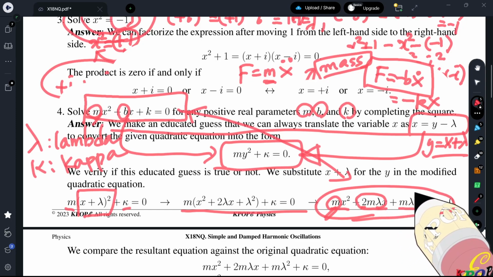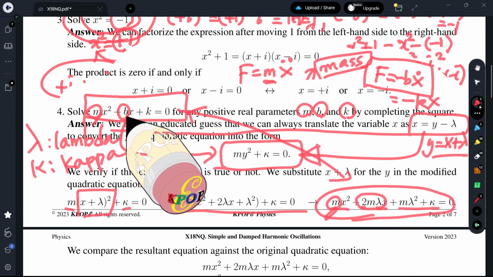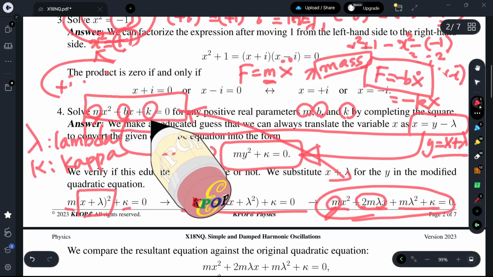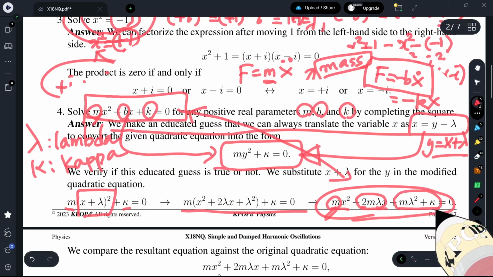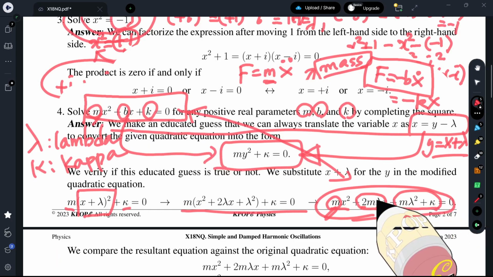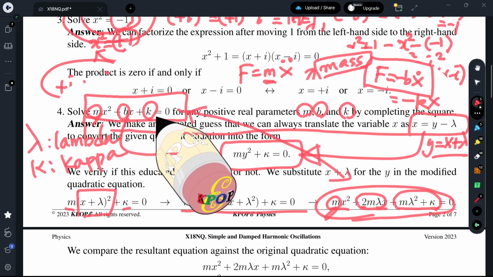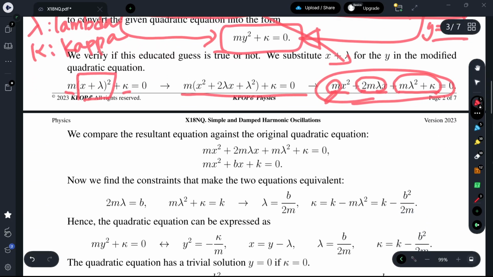This one is determined in terms of mass m and b. And then, what's next? K should be the same as this. So I can determine kappa in terms of m, b, and k. So all set. We are ready to solve the problem.